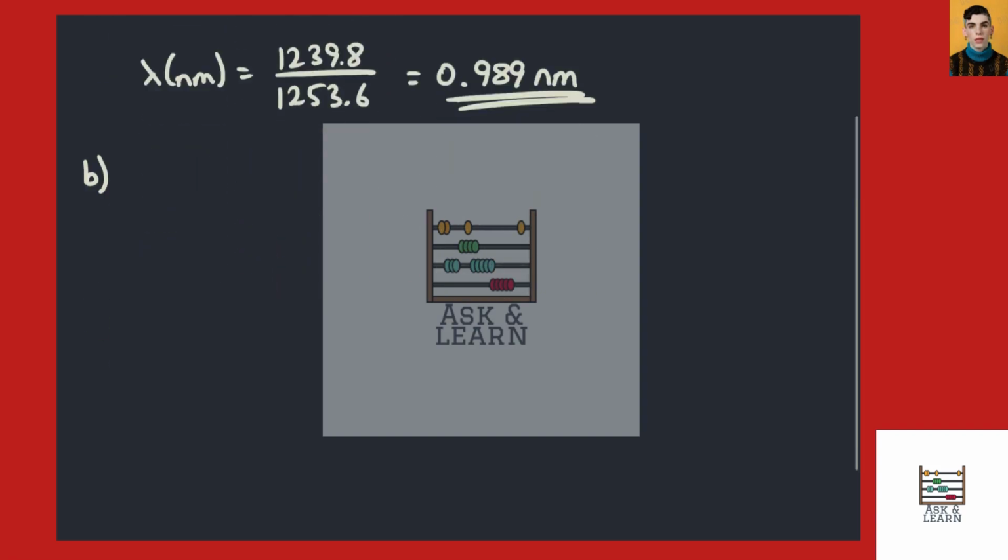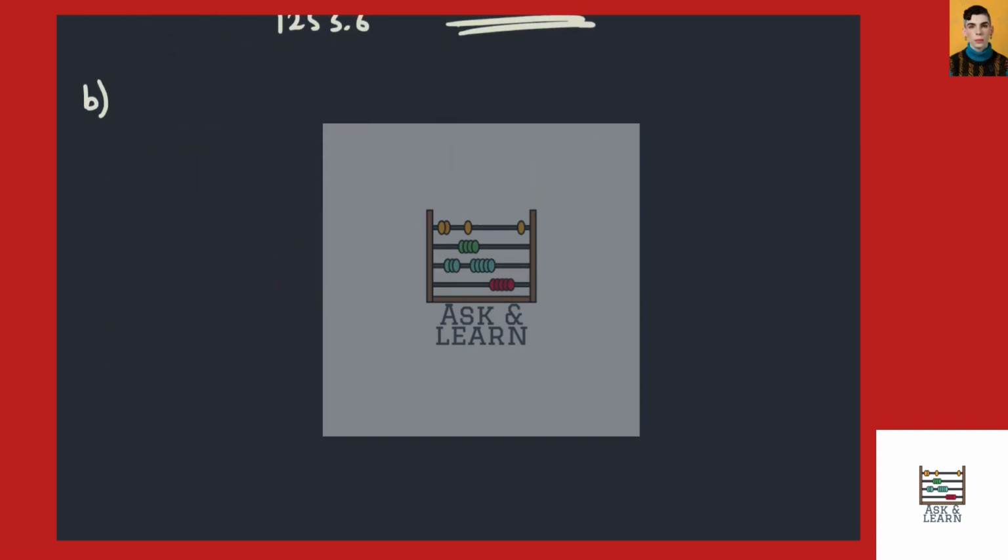So if we look at the values given, the first ionization energy for mercury, i.e. IE1, is equal to 1007 kilojoules per mole.